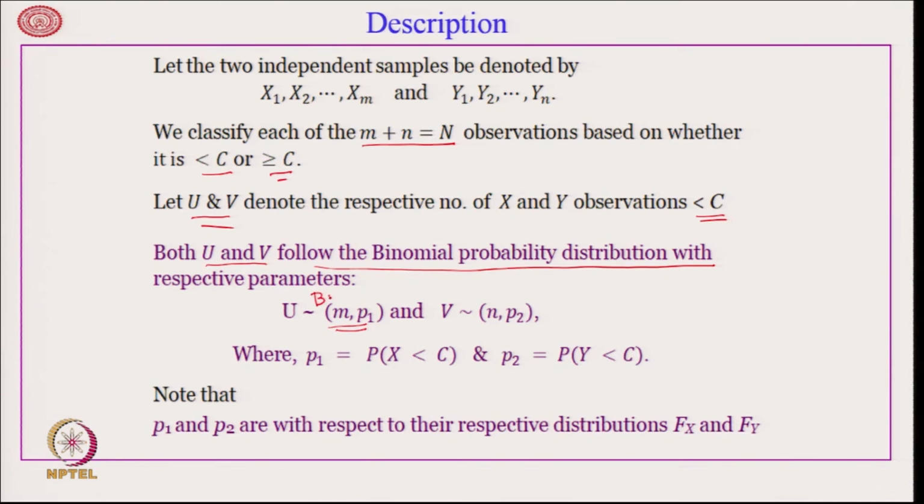So, for your advantage, let me write binomial here and binomial here, so that you understand that these are binomial distributions where P 1 is equal to probability x is less than c and P 2 is equal to probability y is less than c, and these P 1 and P 2 are with respect to the respective distributions F x and F y. That is the cumulative distribution of x and y.